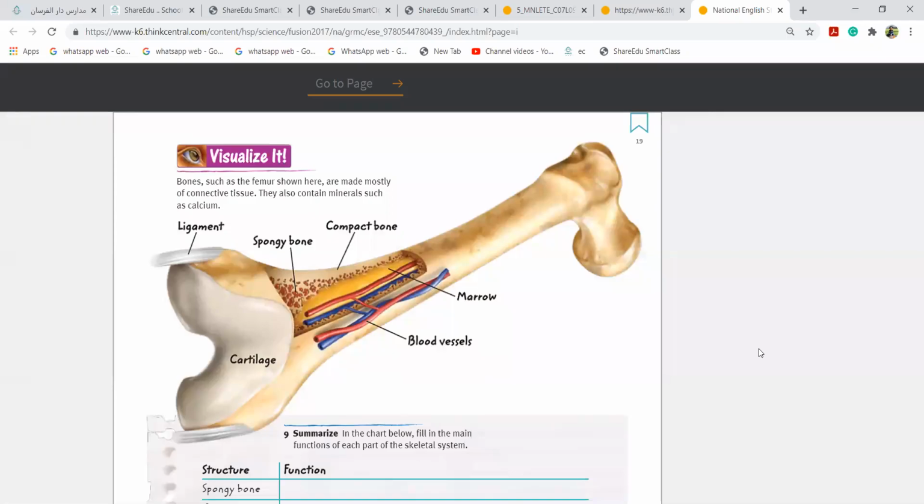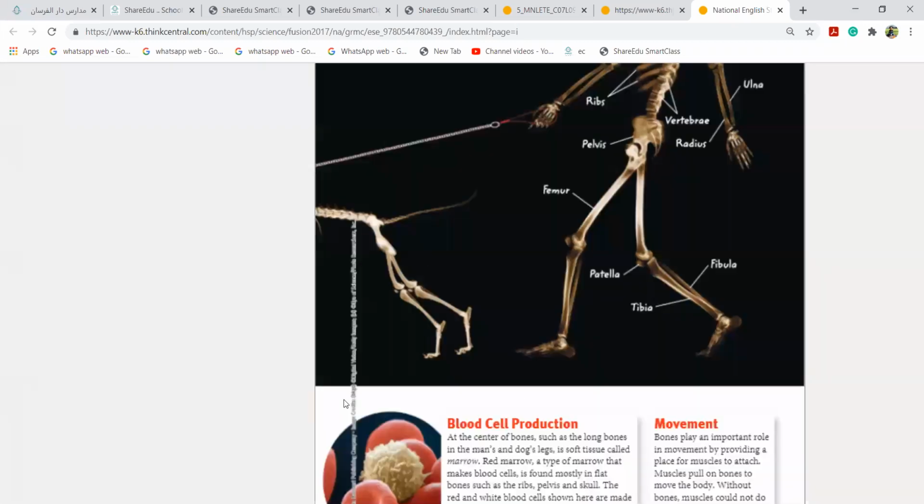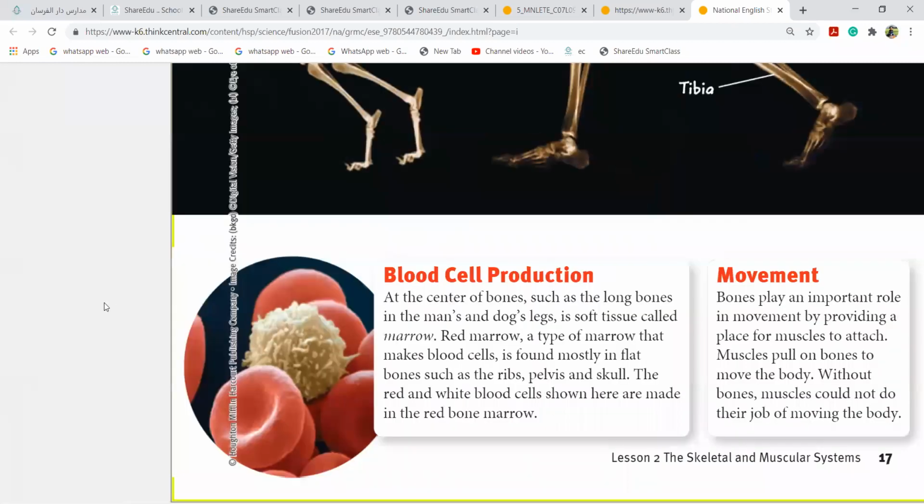So let's continue with lesson number 2, skeletal and muscular system. In that, you need to know the structure of bone.